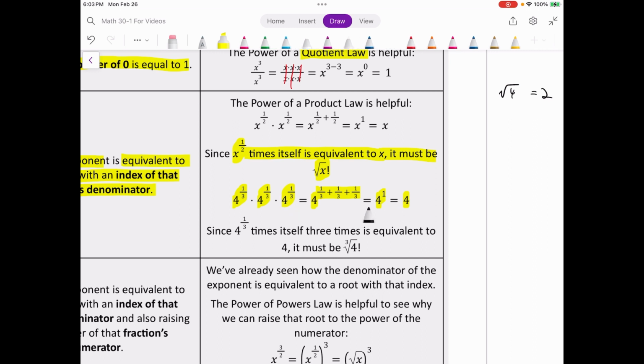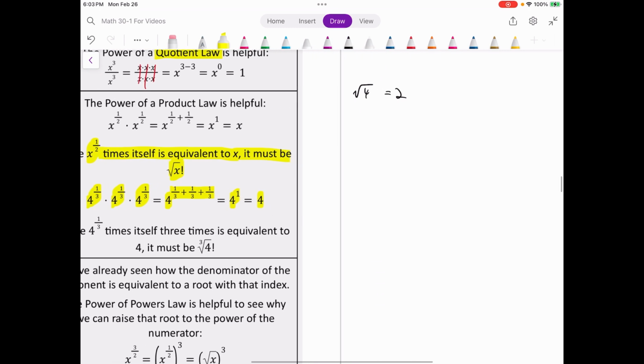So what is 4 to the power of 1/3? If when we multiply it by itself 3 times, we get 4, it must just be the cube root of 4, right? That's the definition of the cube root. Why is the cube root of 8 2?